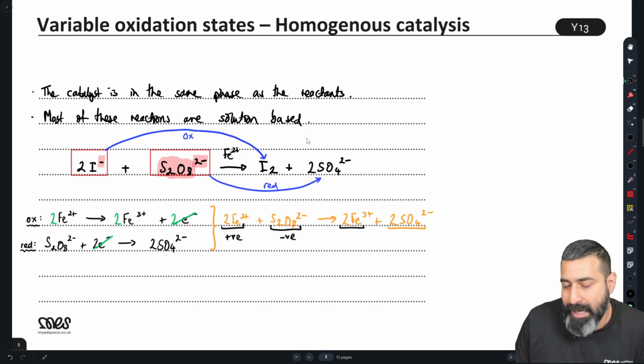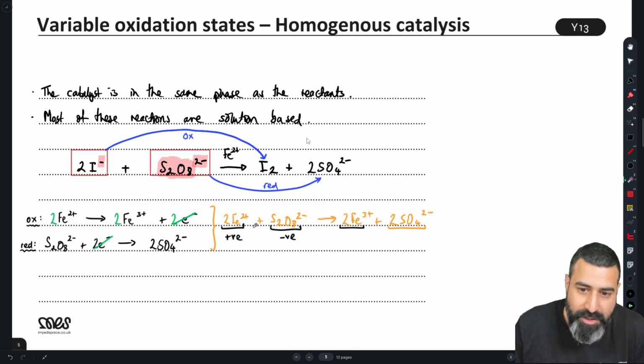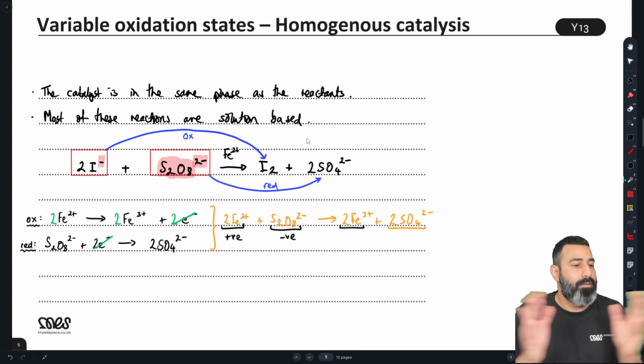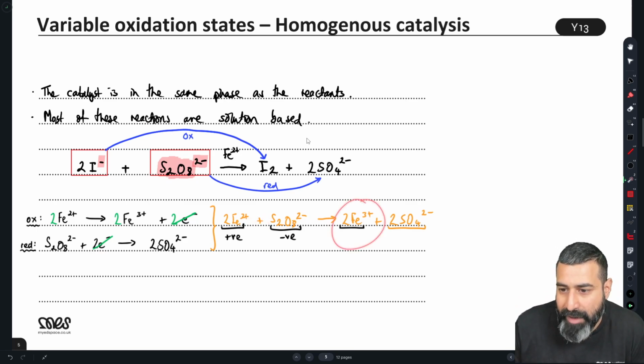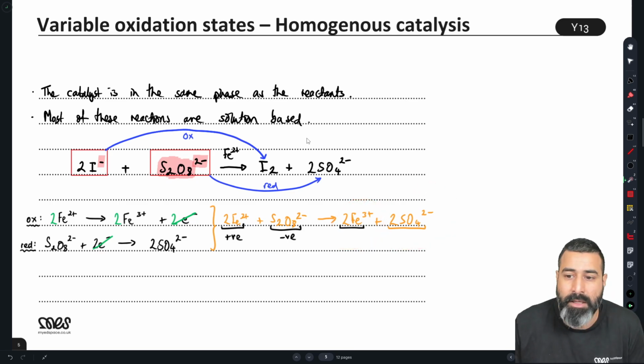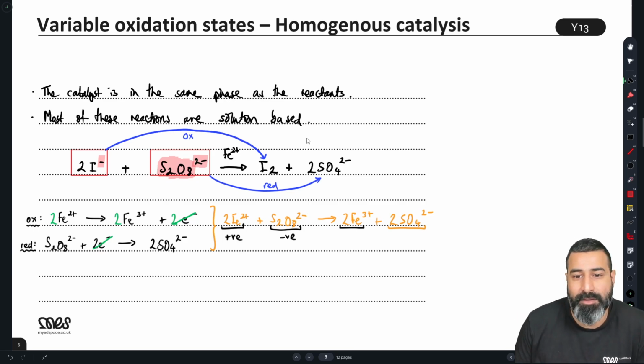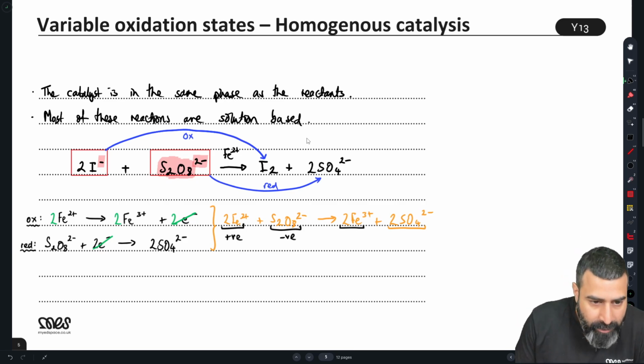So these guys can now come into contact, and there isn't going to be a large activation barrier because opposite charges attract, and they're more likely to collide and meet and produce some Fe3+ and some sulfate ions. But then remember that the Fe3+ needs to be converted back to Fe2+ if it's a catalyst, right?